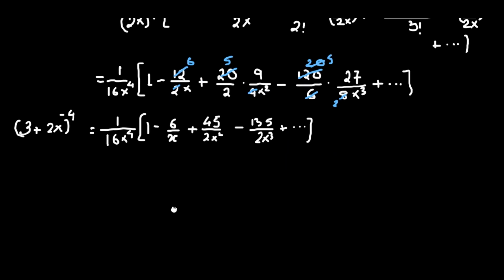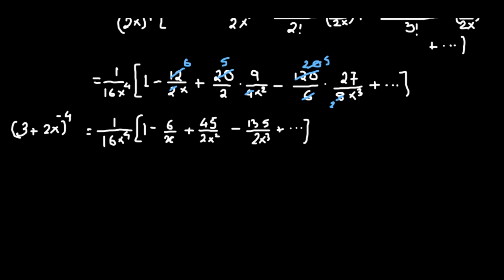So we consider 1 plus 3 over 2x raised to the power negative 4 and apply the condition that the absolute value of 3 over twice x is less than 1.